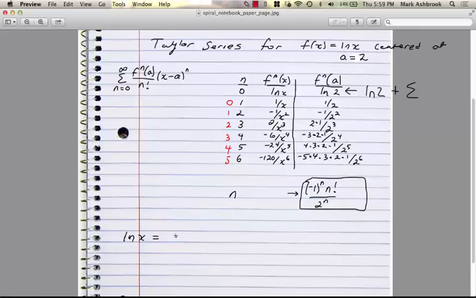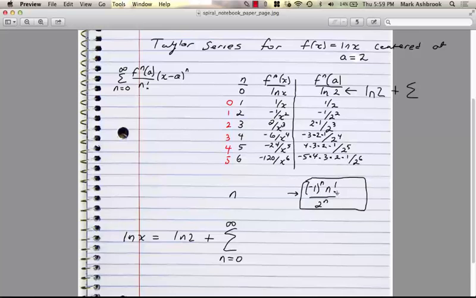So ln of x is going to equal ln of 2 plus the sum from n equals 0 to infinity of this thing. Well, this thing is this part of the Taylor series, right? That's the nth derivative taken at a.